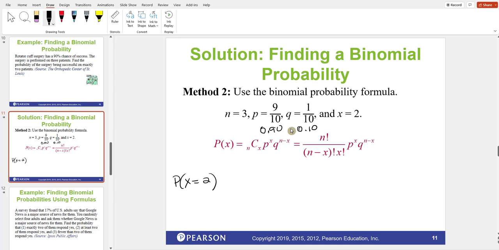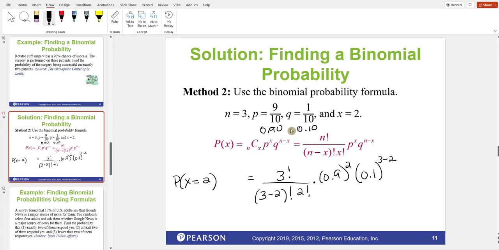So we got our information. We're going to plug it in. This is 3 factorial over 3 minus 2 factorial times 2 factorial, times 0.9 to the second power, and then 0.1 to the 3 minus 2 power, or just 1.